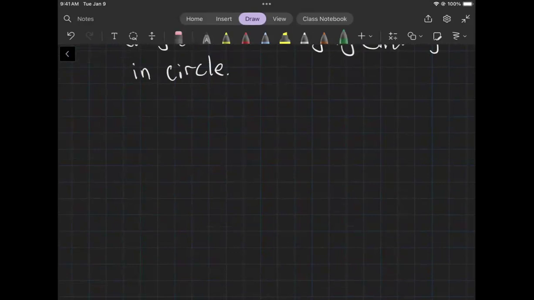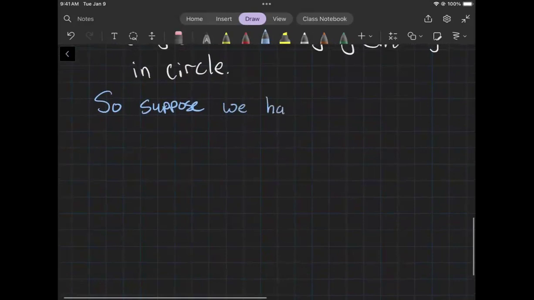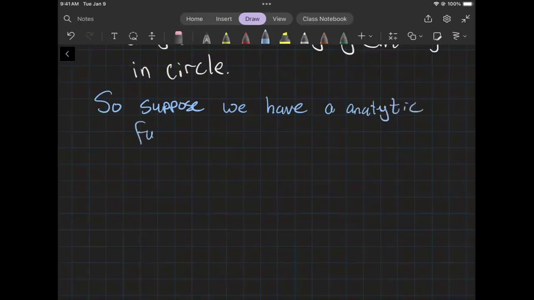Suppose we have an analytic function f of z, and let's say the nth derivative at z naught exists.